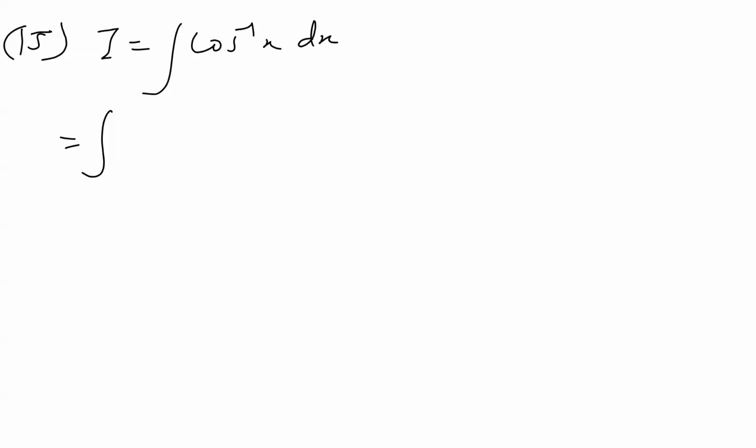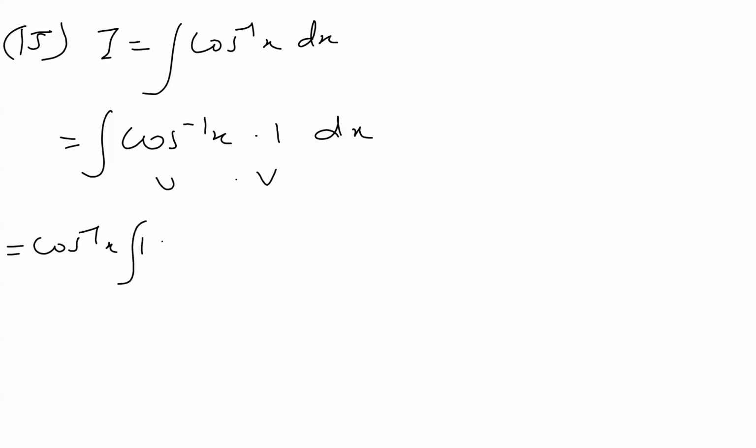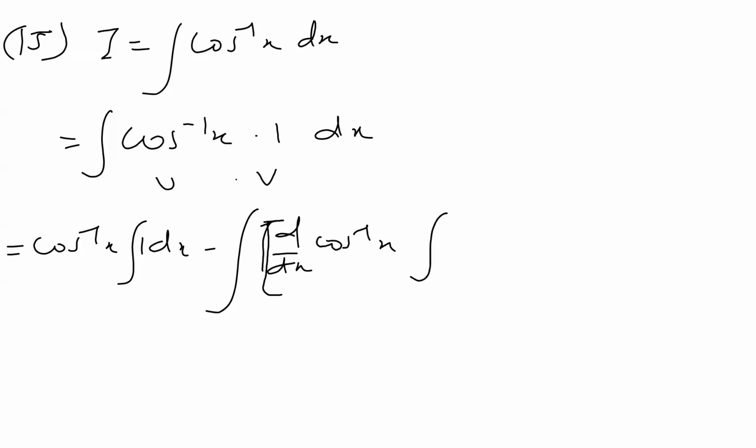So in logarithmic problems and in ITF problems, what you need to do is take v as 1, because there is no direct formula over here. So this is cos inverse x, v is 1: cos inverse x, integration of 1 dx, minus integration of dy dx of cos inverse x times integration of 1 dx, bracket close, dx.